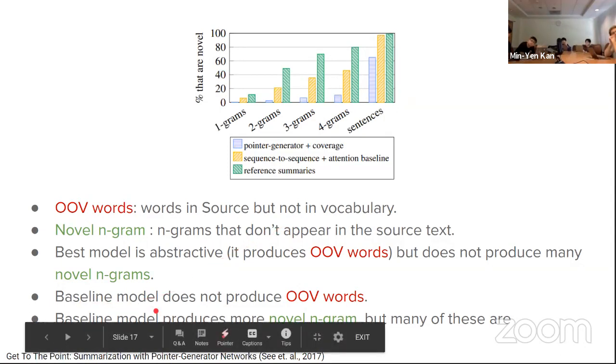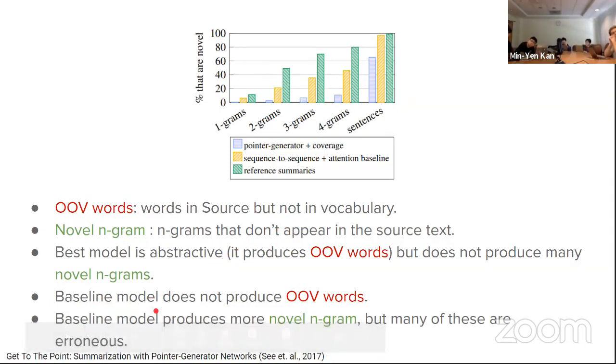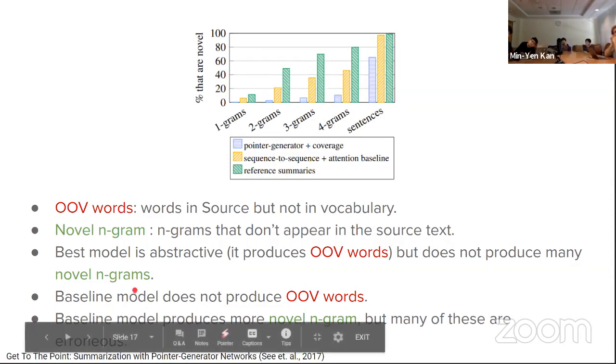The best model is the PG, the pointer generator, what they introduced, but it does not produce many novel n-grams. It should be the other way around. I think it was this way. We can check the paper again, but maybe they were confused themselves. The notation on the slide about what OOV means is a little different than what we standardly mean.